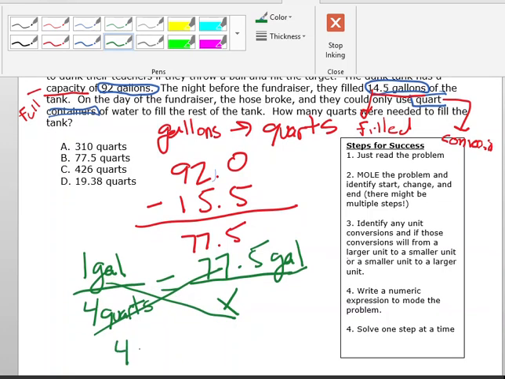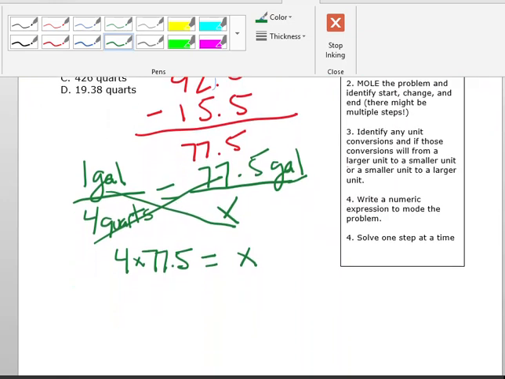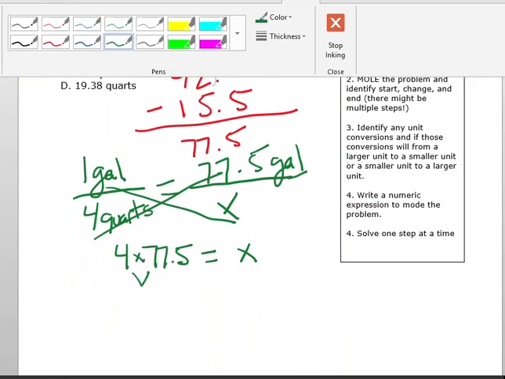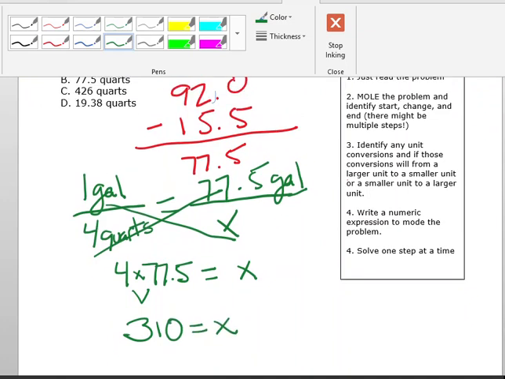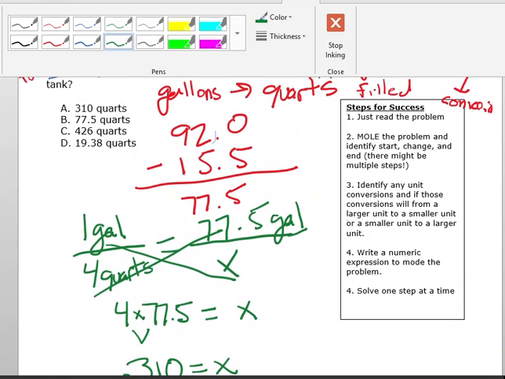And so I have 4 times 77.5 is equal to X times 1, or just X, okay? And when I do 4 times 77.5, which we're going to have you do in your calculators, you are going to get 310 is equal to X. So it takes 310 quarts to fill up the rest of this dunk tank. So that means somebody spent a lot of time making sure that these folks had fun at this picnic.